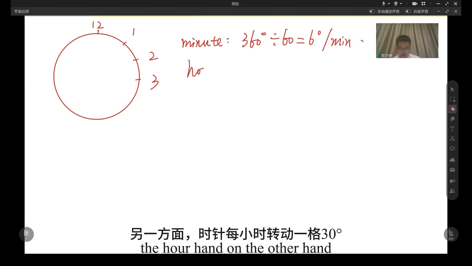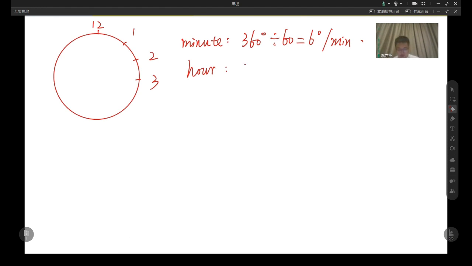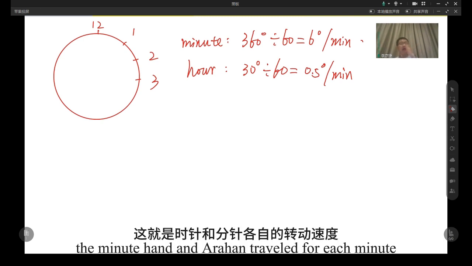The hour hand, on the other hand, travels only 30 degrees, 1 to 2 or 2 to 3, right? Only 30 degrees in an hour. So its speed is 0.5 degrees per minute. This is divided by 60 here. So this is the speed that the minute hand and hour hand travel for each minute.